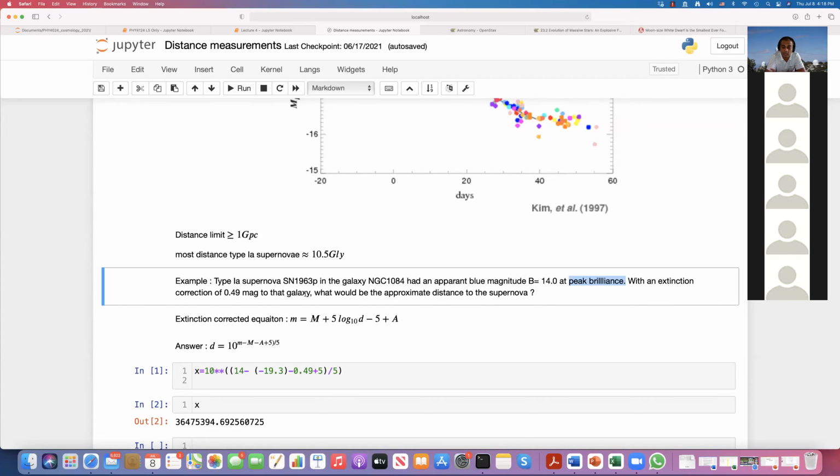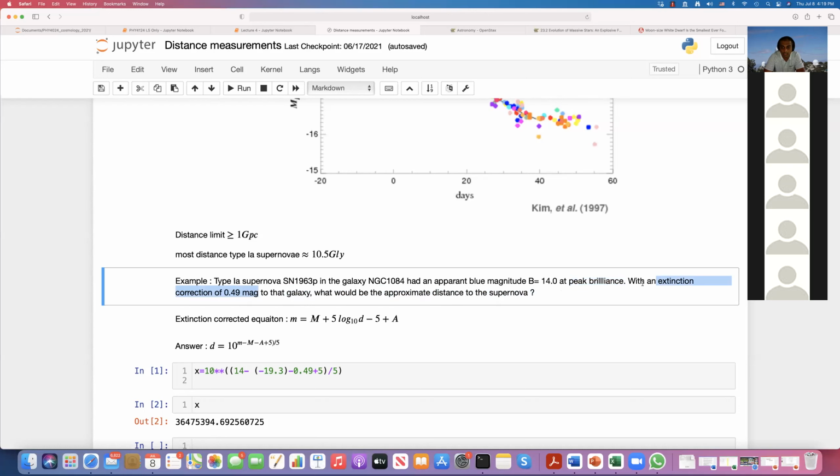Which means if the brightness that you see is, let's say, 10 on the magnitude scale, that particular object should actually be brighter than that, right? So you have to do a correction for that. And for that, you need to know this extinction correction value, that is 0.49 magnitude.